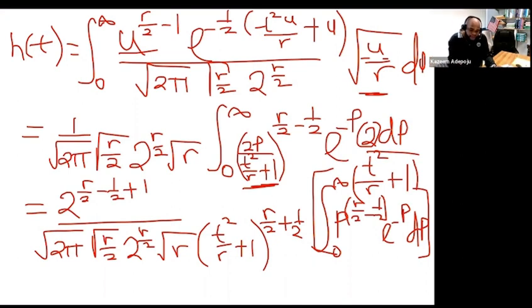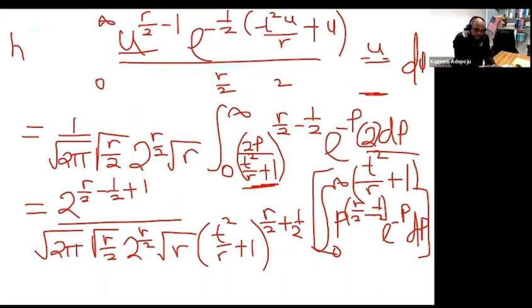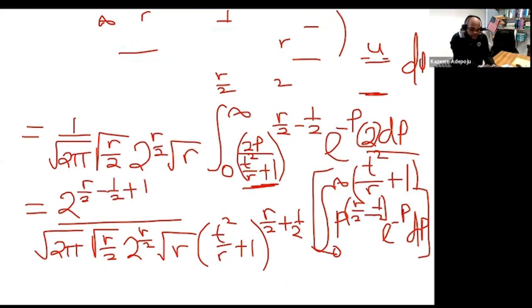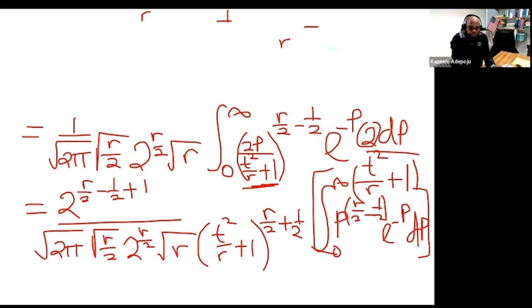So if I'm going to clear my board now, you're going to see what we got. When you take a look, this guy cancels the guy here, and if that cancels, I'm going to be left with 2 raised to power half, which is square root of 2.